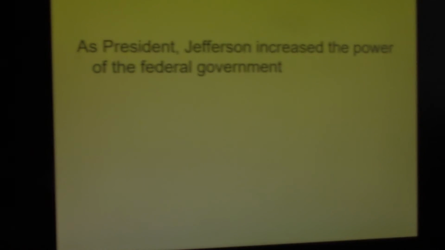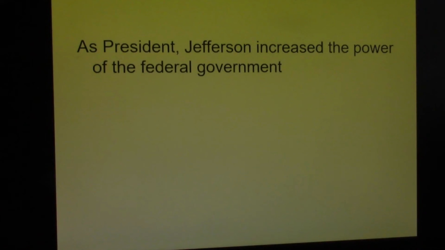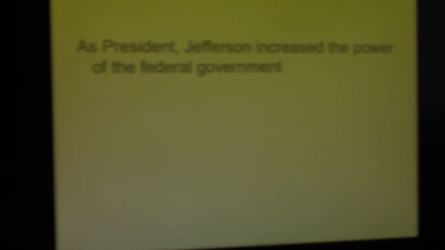However, Jefferson actually increased the power of the federal government at the expense of the state government. Just the exact opposite. Jefferson will become a loose constructionist. And that's simply someone who believes that if the Constitution does not prohibit, then you may take on that responsibility.